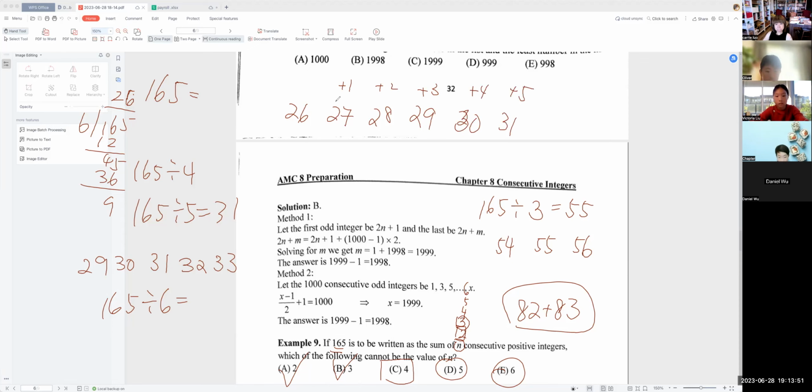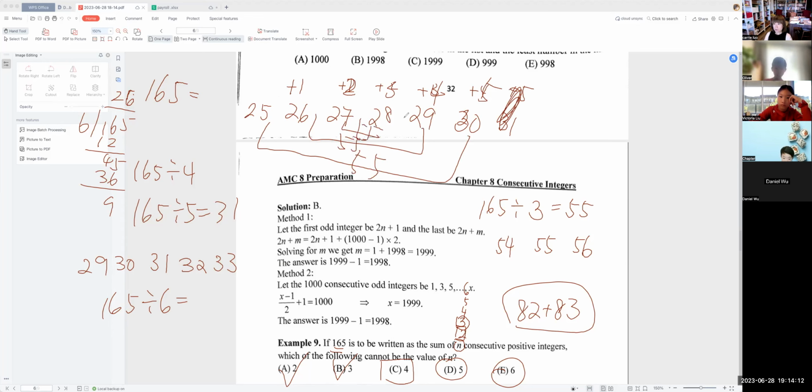Let's see. Okay, very good. So I have this one. So 55, 55, and 55. Get it? Because why is 6 okay? Victoria, do you understand? Because 6 equals 2 times 3. Get it, Chapter? So you just divide 165 by 3, which equals 55. So you just split the 55s into 55, 55, 55. So 4 is the only one that cannot be done.